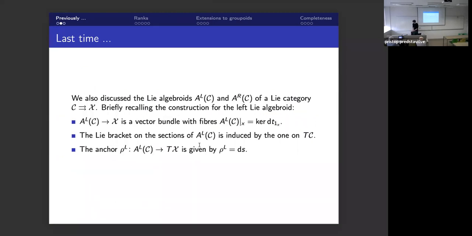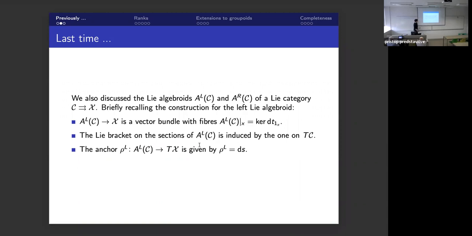All right, so then we briefly discussed the infinitesimal structure of a Lie category. This would be a certain kind of equivalent of a Lie algebra for a Lie group.